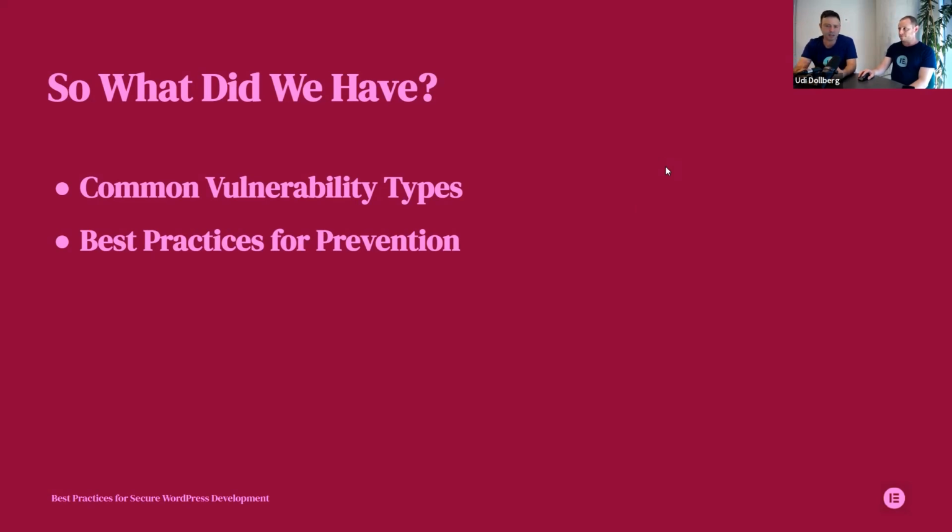You get better at it. It's not like if you follow this, you're 100% safe. No, we're not saying that, but we are saying that if you follow this, you are a lot closer to being safe than not doing that. Code validation: PHPCS, download it, use it. It's free. It integrates with any IDE, any code editor.